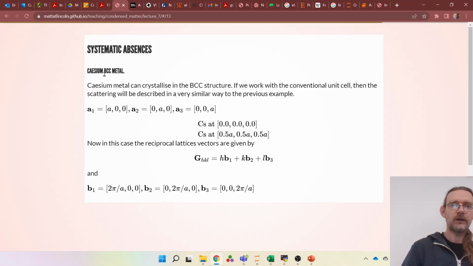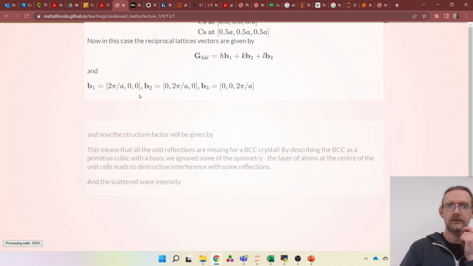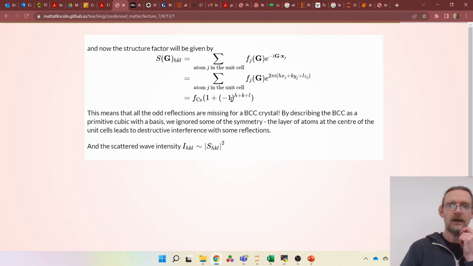There's another pattern when you've got BCC, with odd and even reflections. Odd reflections aren't allowed because there's an out of phase interference effect, so we will only expect 2, 4, 6.